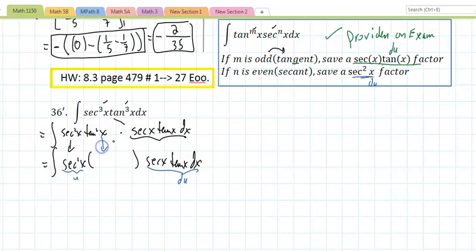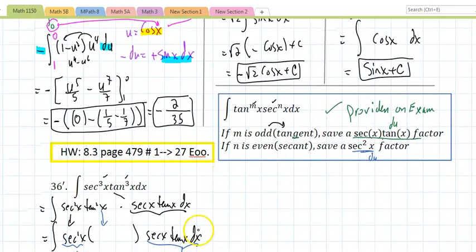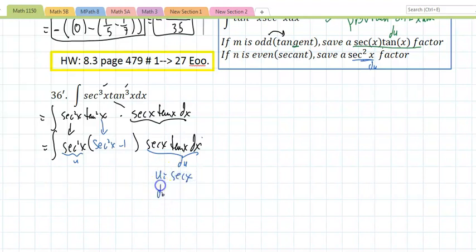So what do I know about tangent squared? Again, you go back to the original right there. I know tan squared is secant squared minus 1. That is secant squared of x minus 1. And now if I make my substitution, if I let u equal the secant of x, du will be secant of x tan of x dx.